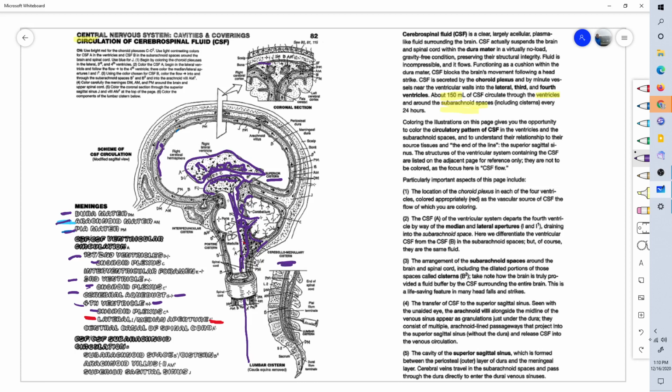Of course, the arachnoid villus here, the little projection out into the superior sagittal sinus, where the CSF leaks out and travels into the superior sagittal sinus.